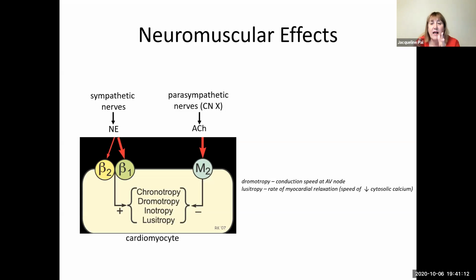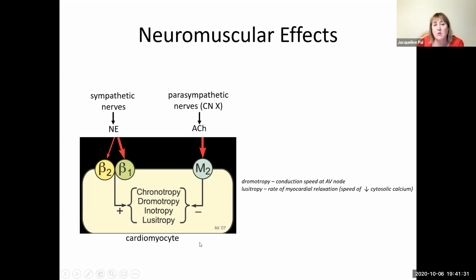So the rate of relaxation affects the length of the plateau, which affects how long the heart muscle is refractory.